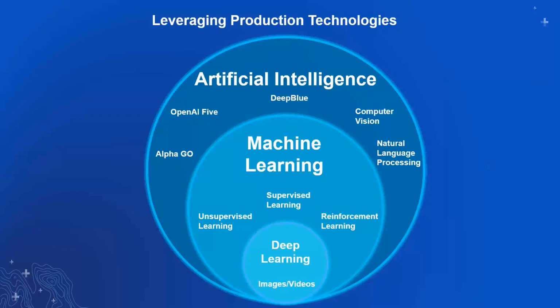Machine learning is a subset of AI that focuses on ingesting massive amounts of data for prediction, pattern analysis, and classification tasks. Deep learning is a machine learning technique which has been proven effective at imagery or video analysis leveraging deep neural networks. So in summary, GeoAI is equal to machine learning plus deep learning, all within a GIS enterprise.